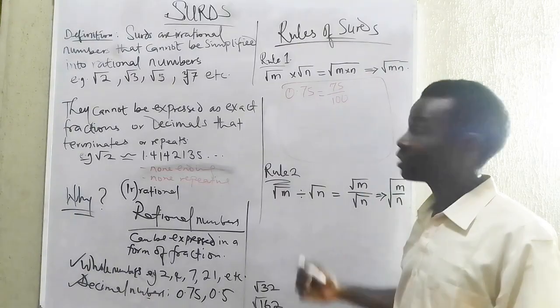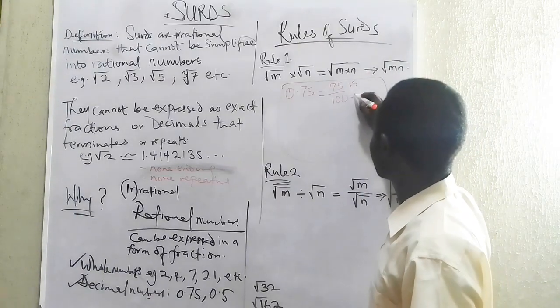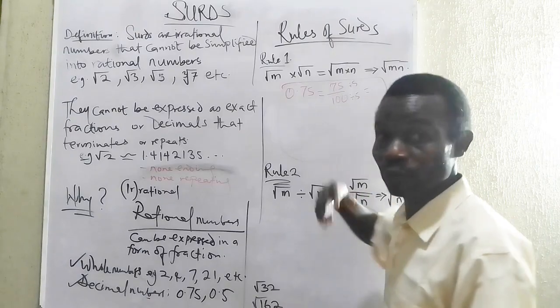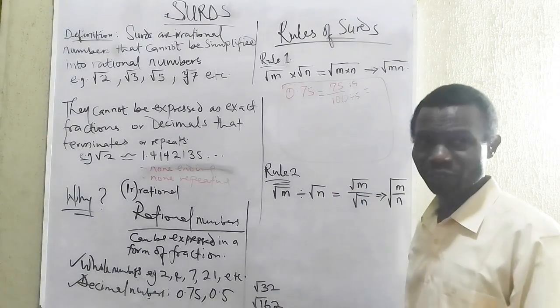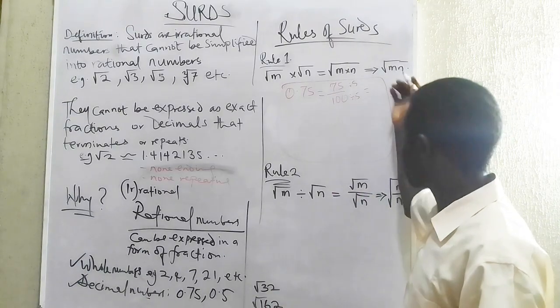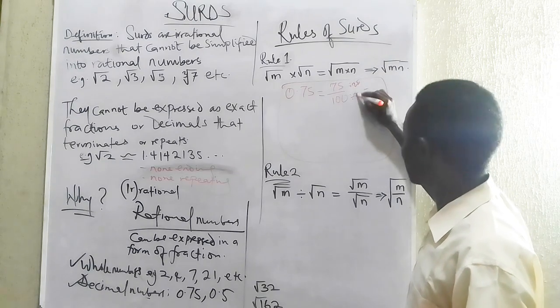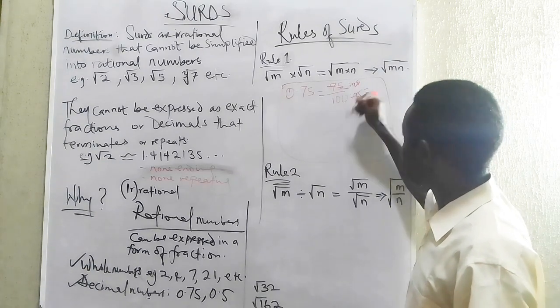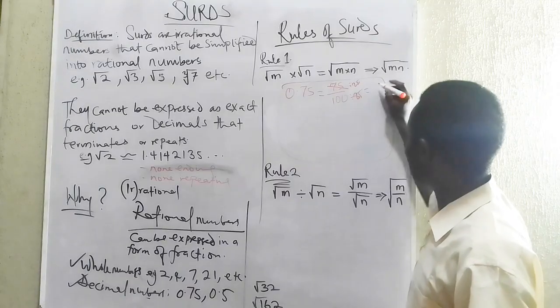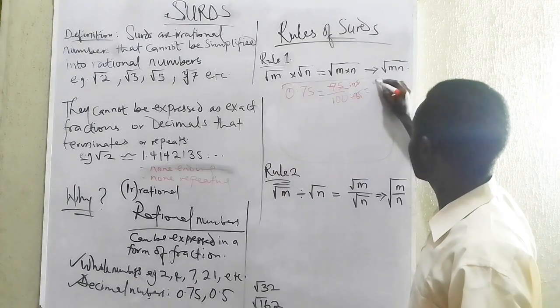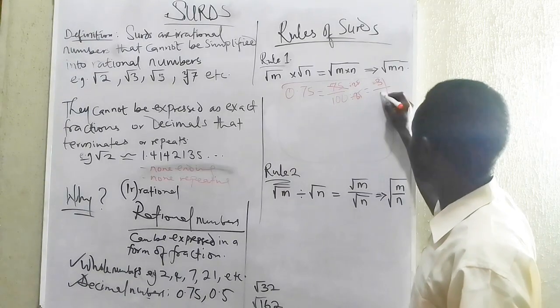If I divide both sides by 5, what do I have? I'll just go straight and use 25. 25 can go into 75 three times, and 25 into 100 gives us 4.